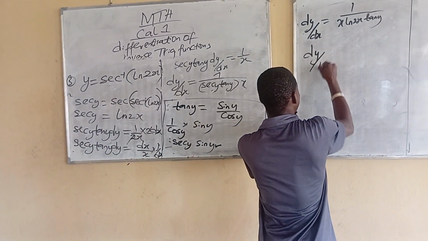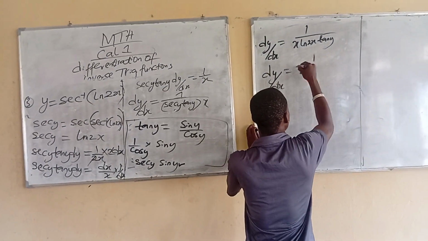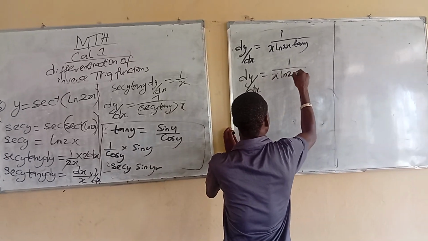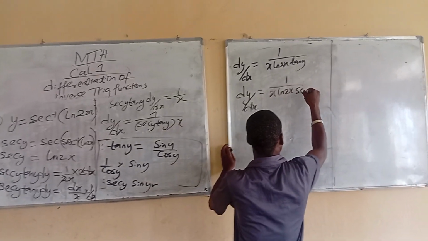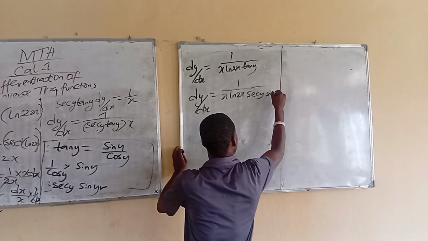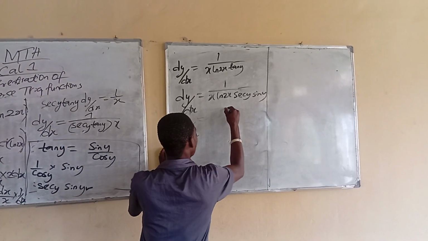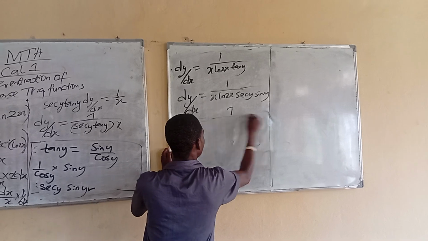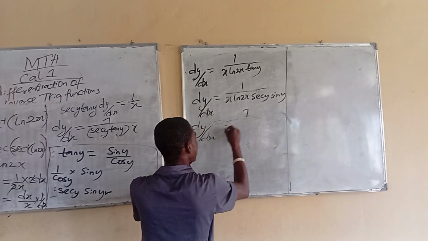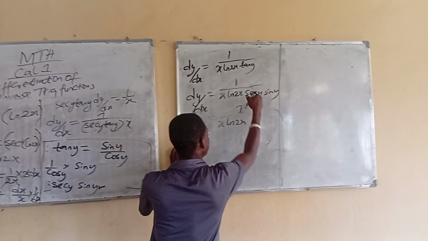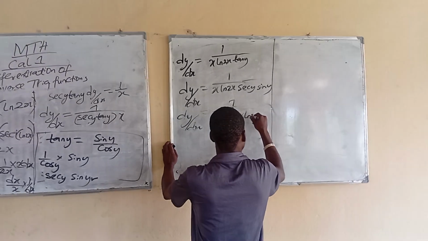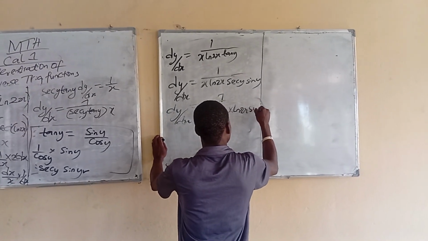So let's come back to here. dy over dx equals to 1 over x ln 2x, that will be sec y sin y. So dy over dx will be equals to 1 divided by x ln 2x. Sec y is still times ln 2x, then sin y.